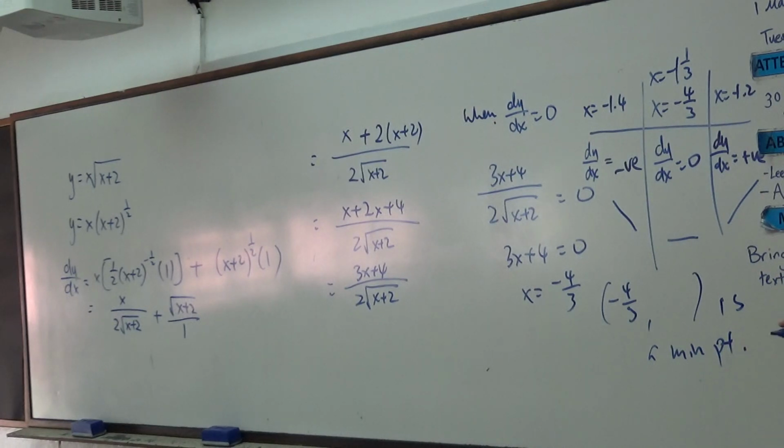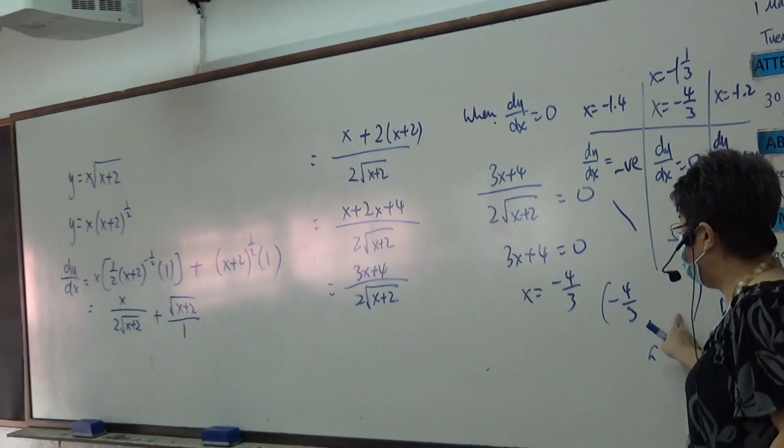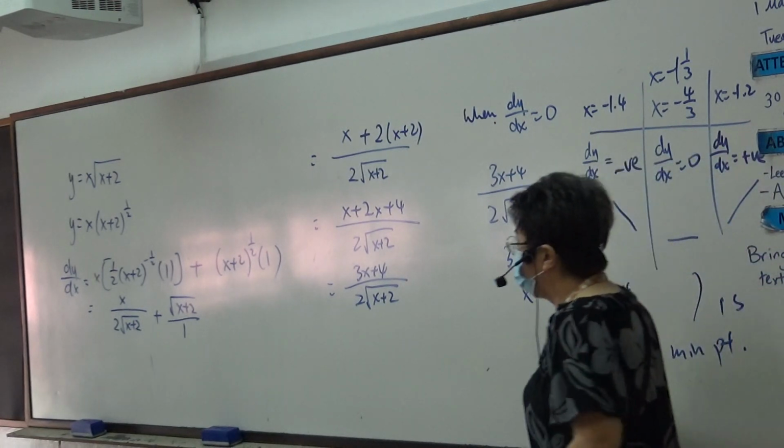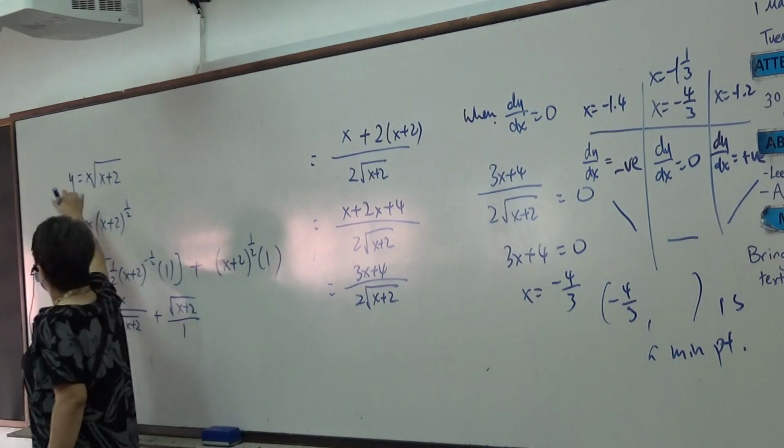Okay. Now, what do I have to find? I have to find this value, right? How do I get this value? You sub in negative 4/3 into what? Into this one, right? Okay, so can you sub in for me?